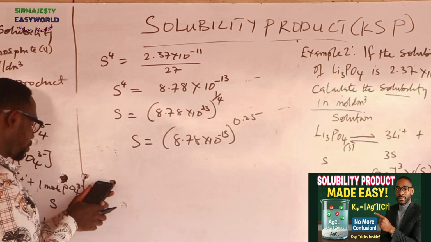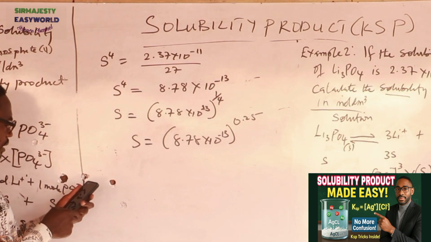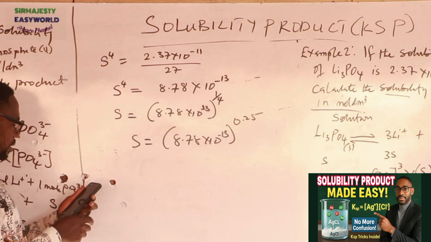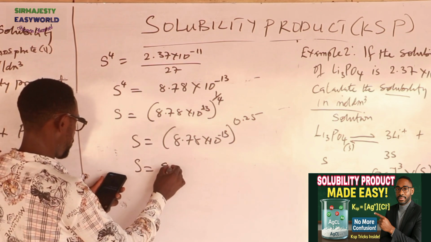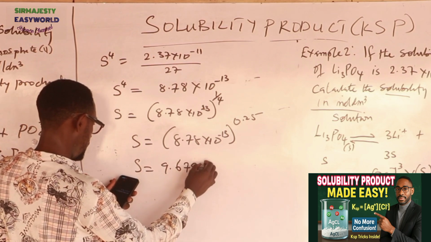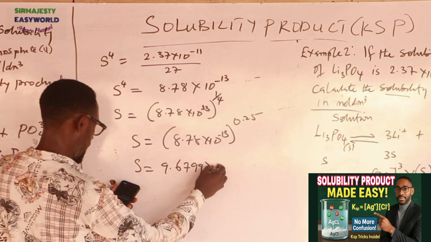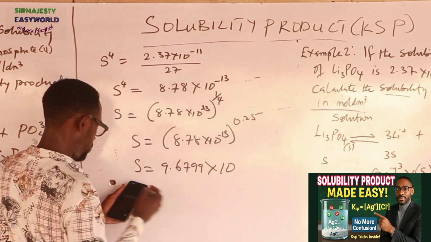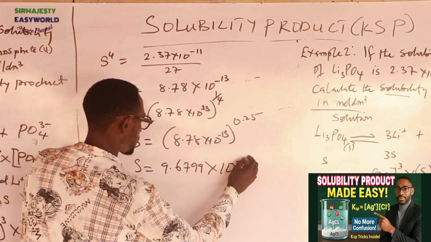I've seen what I'm raising to power. It is giving us exactly where we started from. S is giving me 9.6799, and you just continue times 10 raised to power minus 4, very correct.